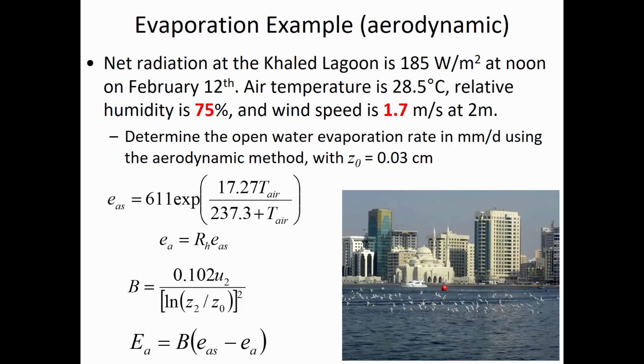So 200 centimeters and 0.03. All right. So 0.102 times 1.7 over 200.03.